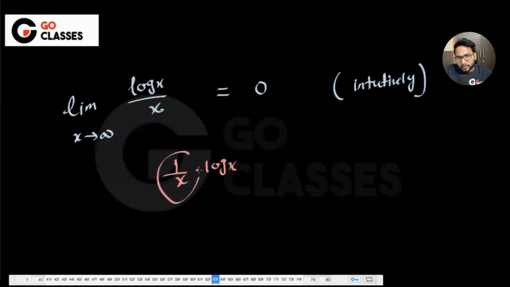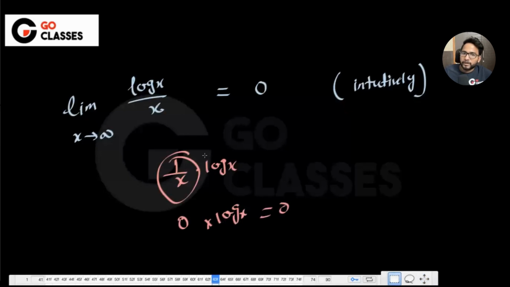And since this 1 upon x is actually 0, you can say 0 into log x is 0. No, that's not the correct argument. Why? Because this is not 0 into constant. This is 0 into also infinity. This log x is also infinity, right? So this is not a correct argument.